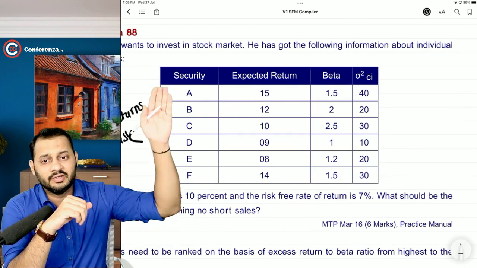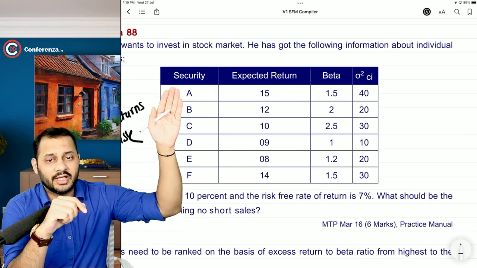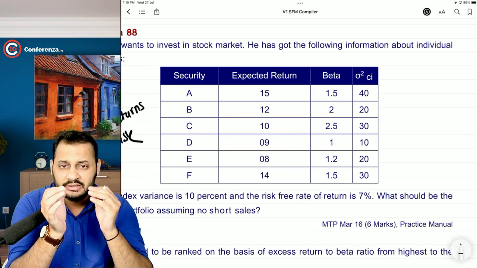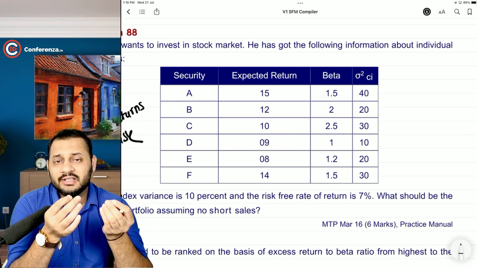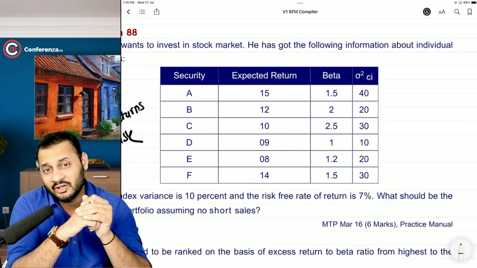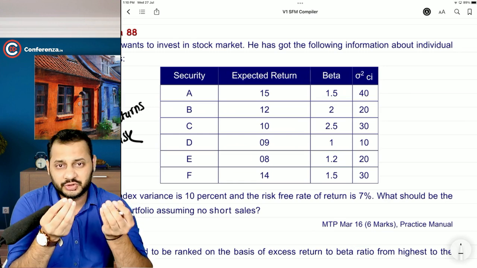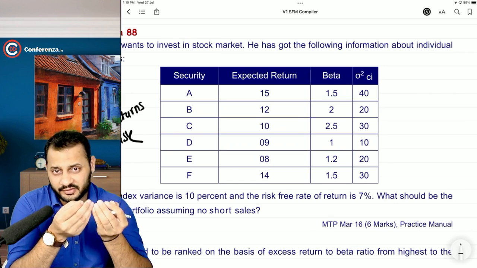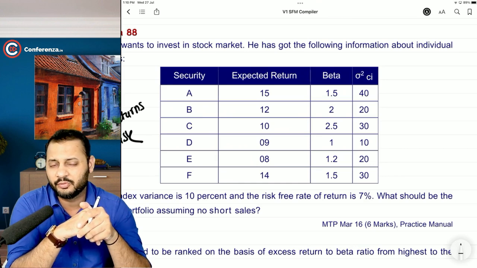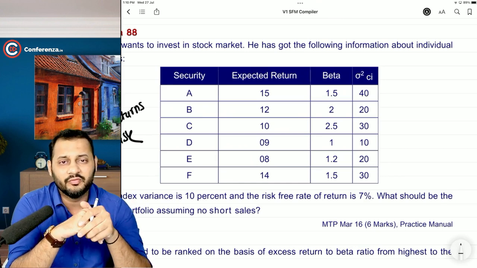Okay, so the very first step is to calculate the Treynor ratio of all the available securities. Then arrange all the securities in the descending order of the Treynor ratio. Why descending order? Because the highest ratio is given the first preference, and is said to be the best stock to consider from the point of view of risk.